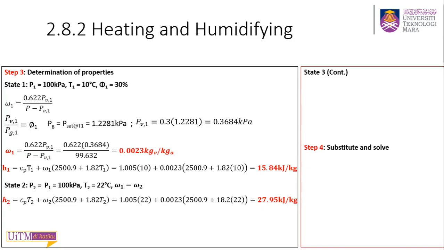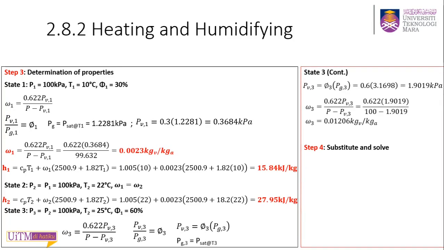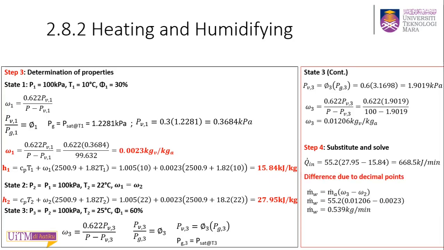For state 3, we can solve for specific humidity by using the required equation just like in state 1, and the answer is 0.01206 kg vapor per kilogram dry air. For step 4, substitute the required values and solve for the question. Please ask if there are any questions later.